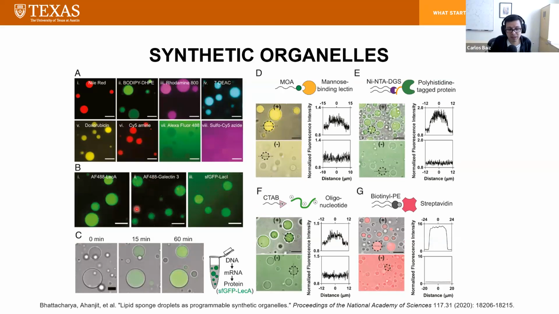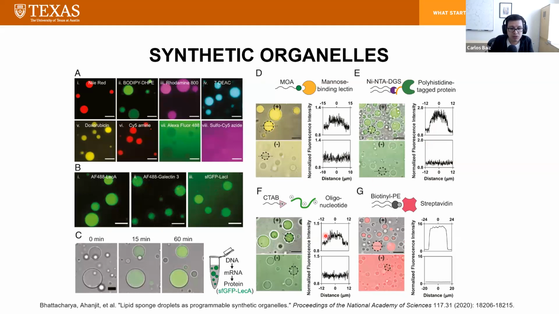For example, galectin is a type of protein that binds the head group in these kinds of lipids. You can also express proteins, and this LegA, for example, goes straight inside of these droplets. Or you can do some more standard chemistry. For example, you can add nickel NTA labeled lipids to the droplets, and then a His-tag protein goes inside of the droplet.